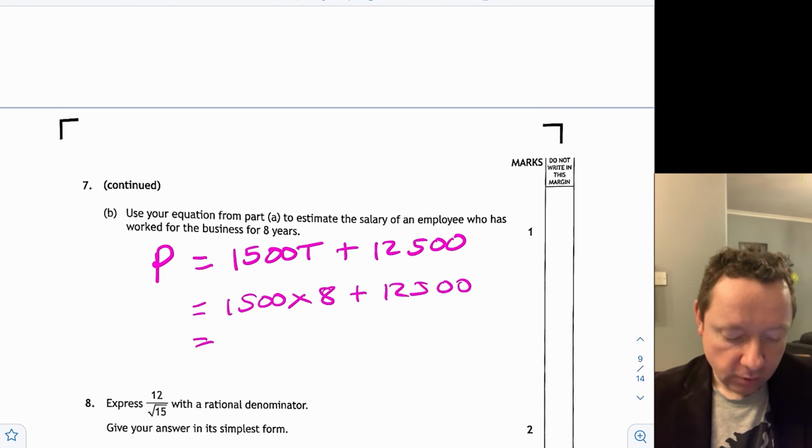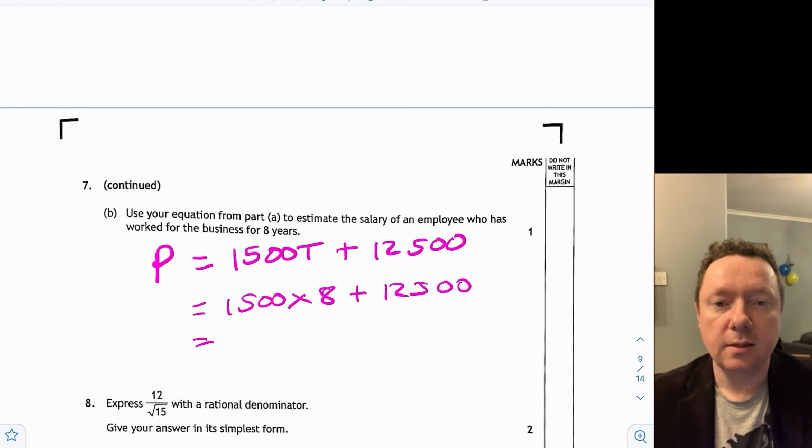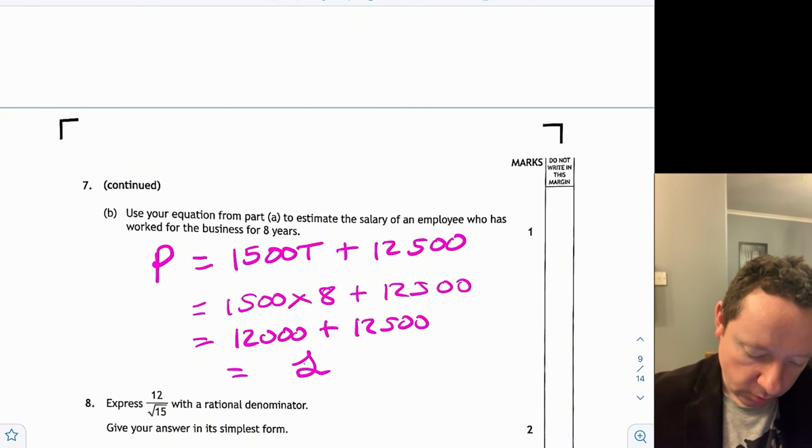Okay, 8 times 1,500, so if I double it, I get 3,000, double again 6, double again 12, so I get 12,000 plus 12,500, which is equal to, with a pound sign, £24,500.